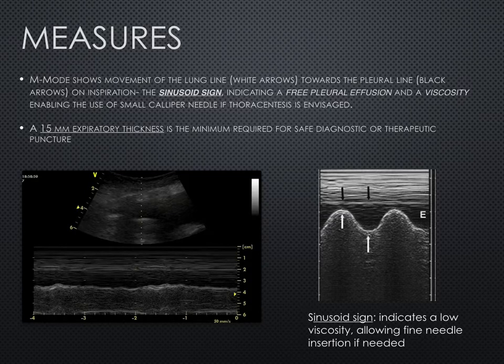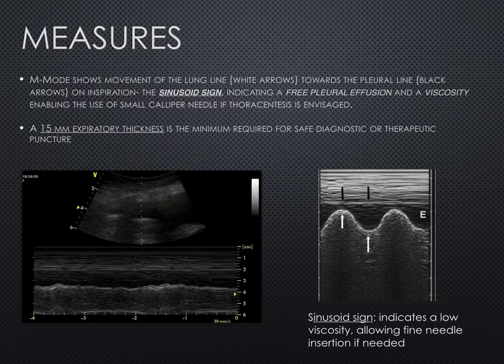That can give us some more indication, because as I was saying before, with a transudate type of fluid, or a dark black type of fluid, you can't really interpret whether that is blood or just a simple transudate. Utilizing this sinusoidal sign, we can start to interpret that viscosity more readily.